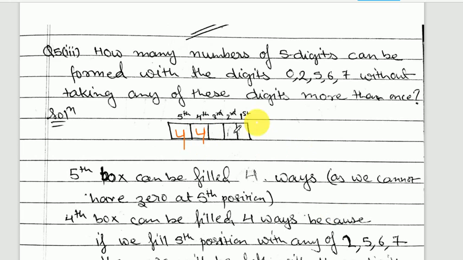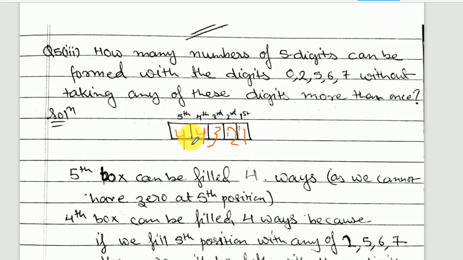Now the fourth position is filled. So how many digits are left? Now 3 digits are left. So for the third position I've got 3 options. Now the third position is filled. For the second position I will have 2 options, and for the first position I have got only 1 option.